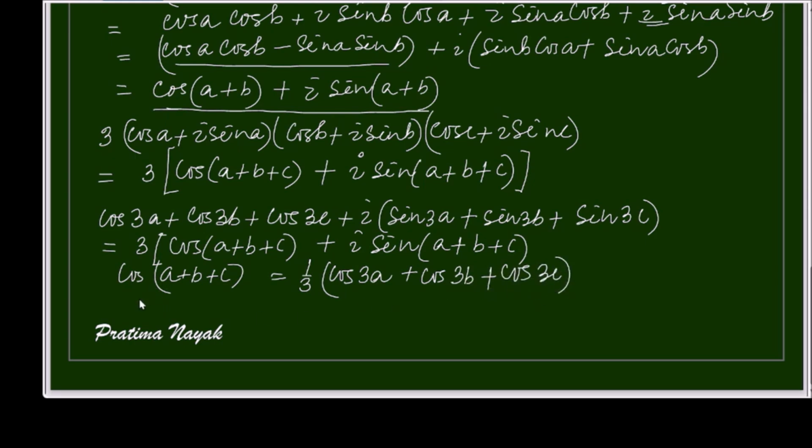And comparing the imaginary part, we'll get sin(A+B+C) equals 1/3 (sin 3A + sin 3B + sin 3C).